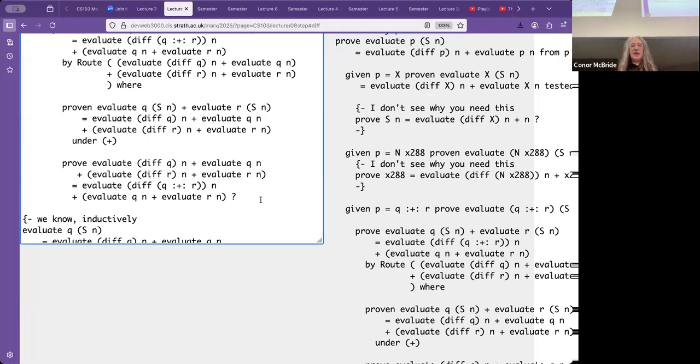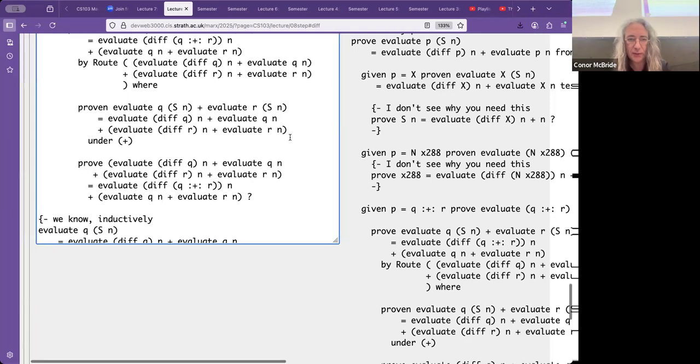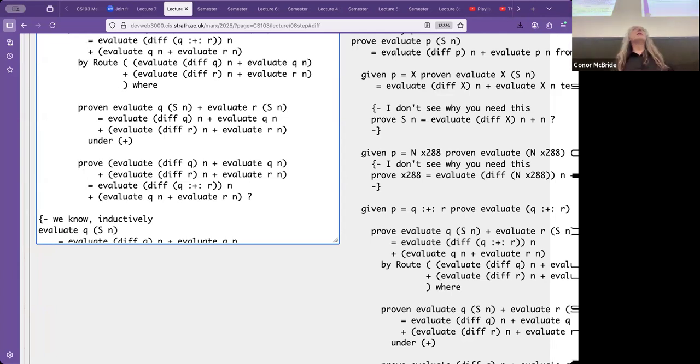So you can see that here, if I put the bracketing in, which is this way, on the right-hand side of this equation, we've got evaluate Qn plus evaluate Rn.